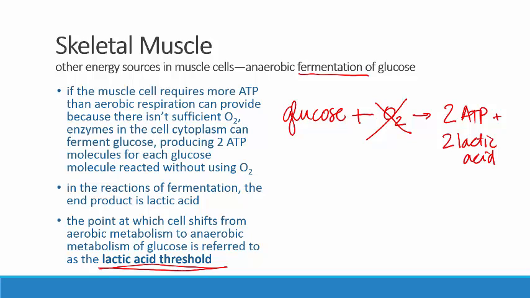And so that's when we hit that lactic acid threshold, and we start doing this not so efficient form of respiration. And as lactic acid builds up, that makes the interior of the cell acidic, which is not a good place for the cell to be.